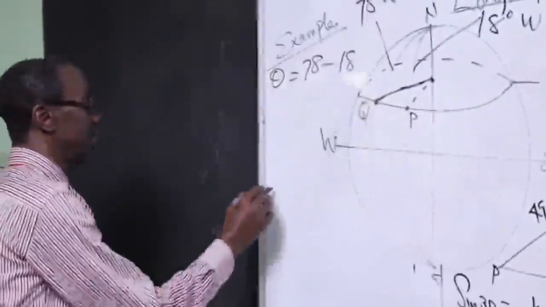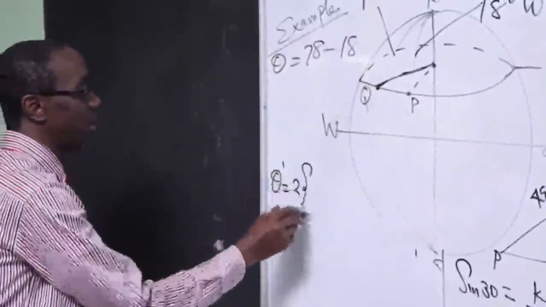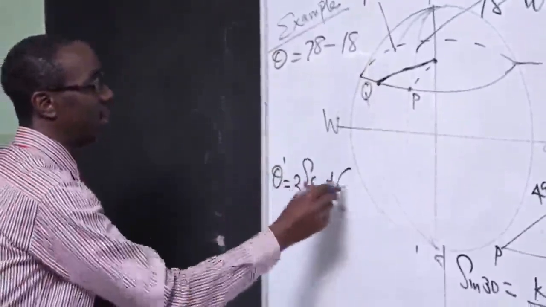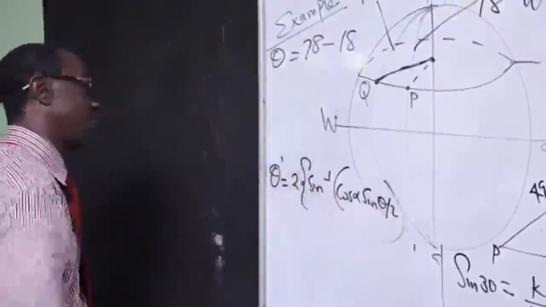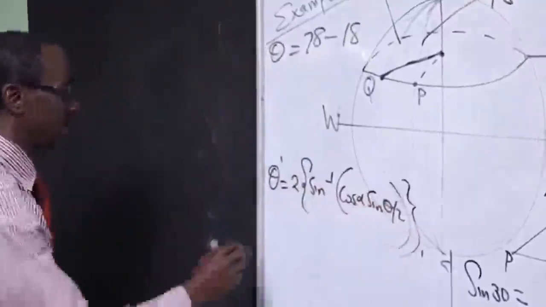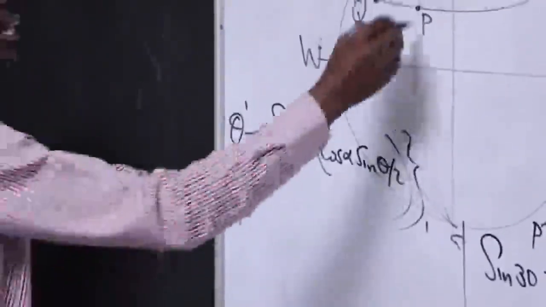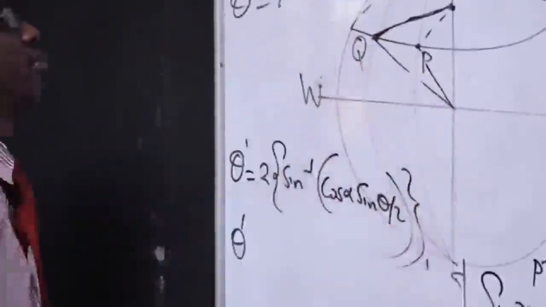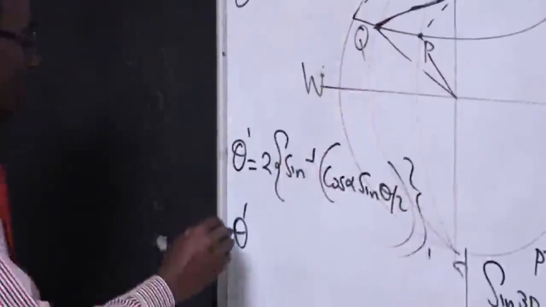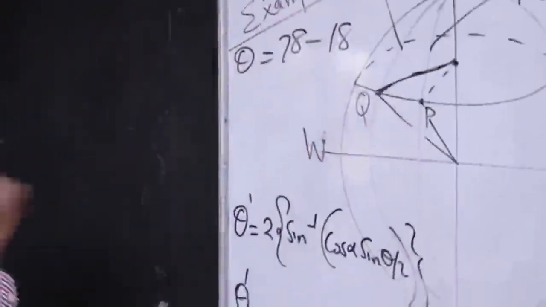And that will be theta prime is equal to 2 arc sine of cos alpha sine theta over 2. The theta here is talking about theta of a great circle, not that small circle again.